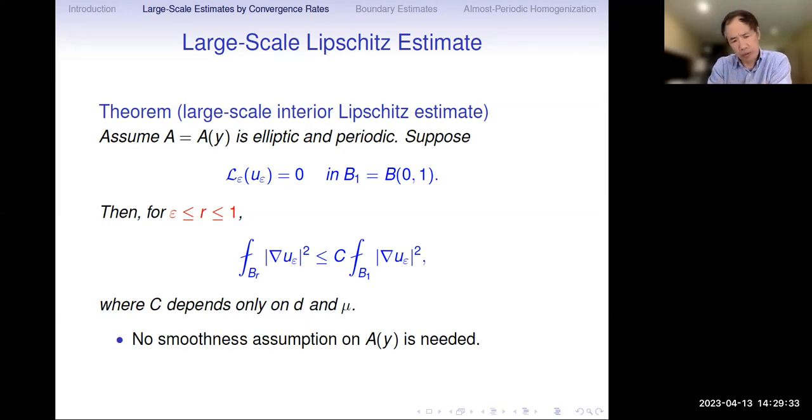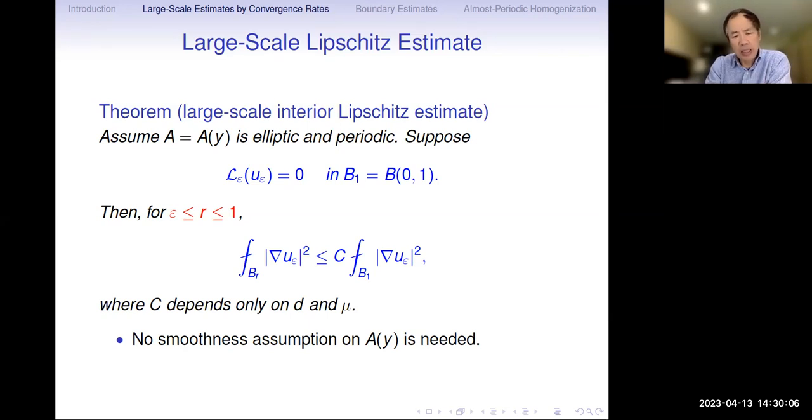So what we want to show here is that the L2 average of the gradient of the solution over the ball of radius r is controlled by the L2 average of the gradient of the solution over the unit ball. And the constant depends only on the dimension and the ellipticity.